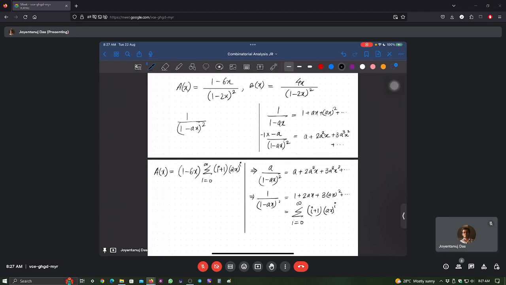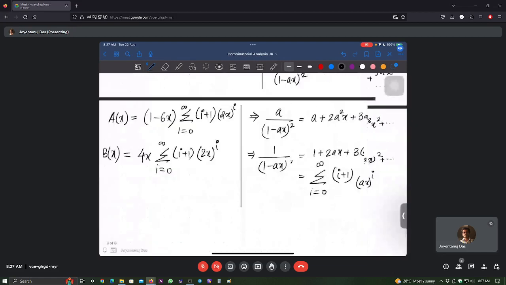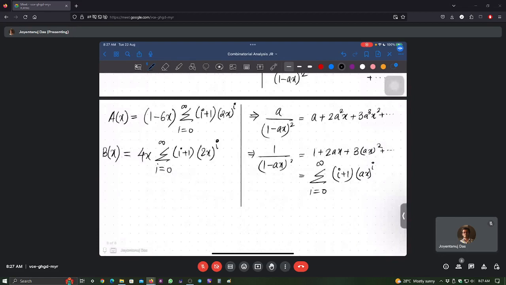Let me just write down the whole thing. So now I think we can just find out the coefficients like this, right?